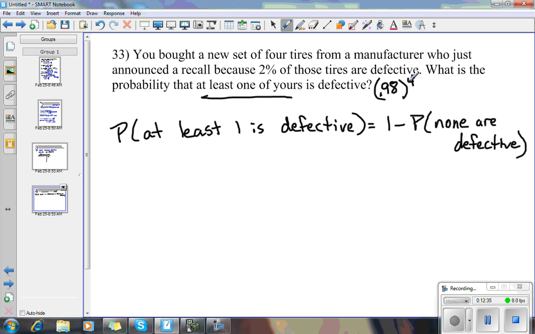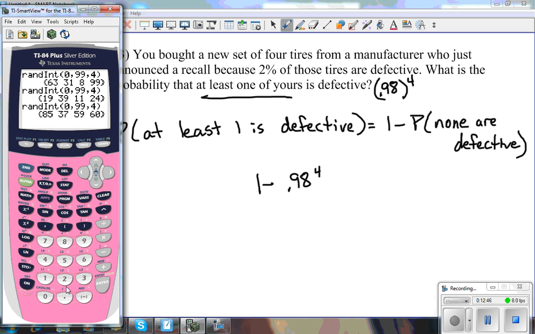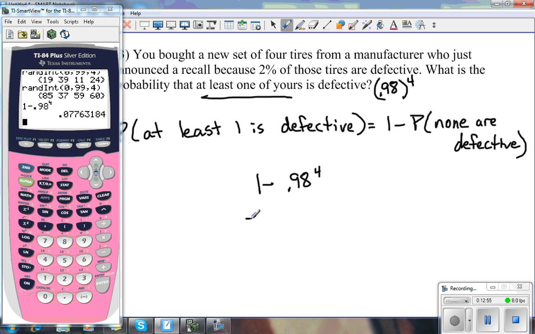So for our at least 1, we're going to do 1 minus 0.98 to the 4th power. So we take 1 minus 0.98 raised to the 4th power, and we get 0.0776. This is the probability that at least 1 is defective.